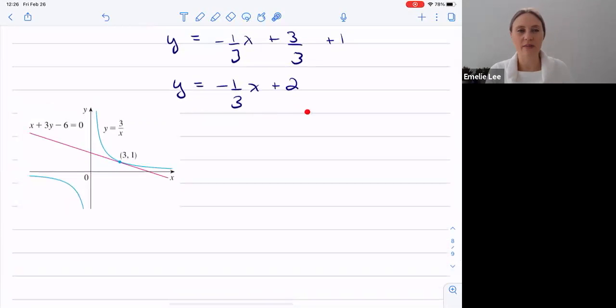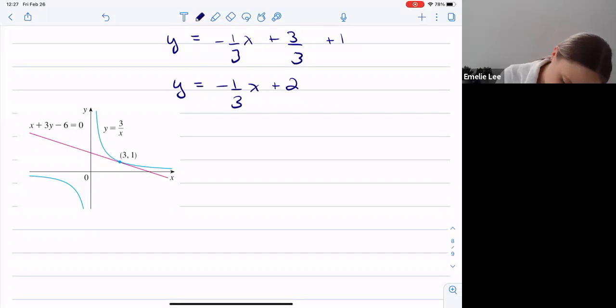So we found that this is the equation of the tangent line, right? Notice that they've written it a little bit differently here. But this is what 3 over x looks like. This is at 3, 1. And so this is the equation of the line that we found, right?